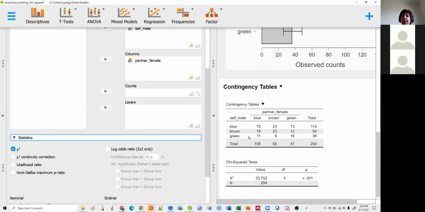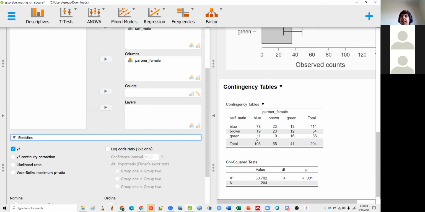So what you see is a table where you have one variable represented by rows, in this case the male's eye color, blue, brown, and green. And then you have the female's eye color, blue, brown, and green.